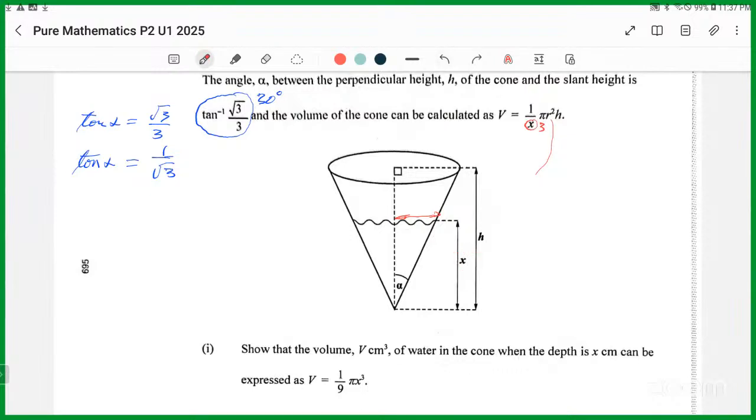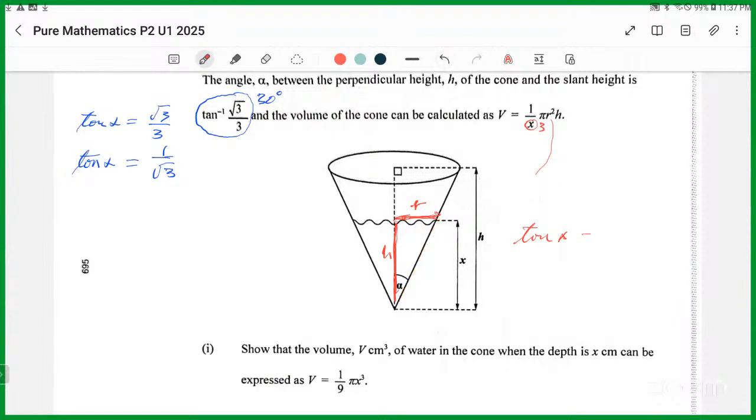All right, so the question is, what is this radius right here? We can find it because it tells us the angle there. So the tan of alpha is opposite over adjacent. The adjacent is actually this x, and the opposite is the radius. Look at this right angle triangle here.